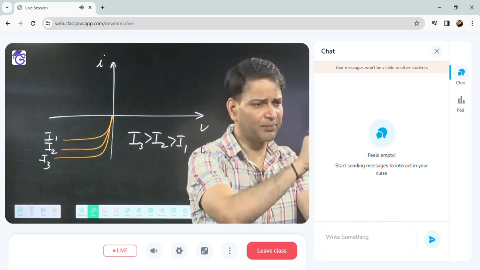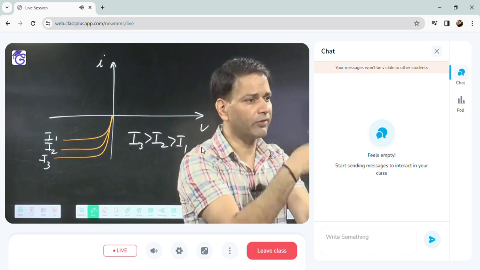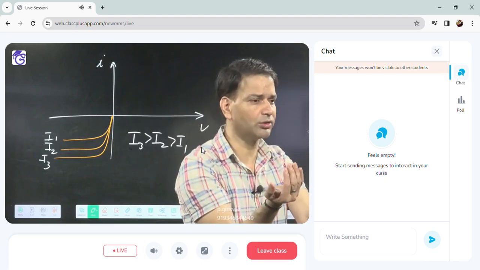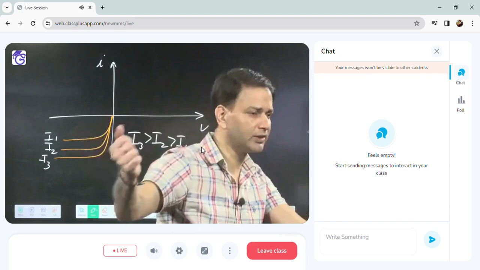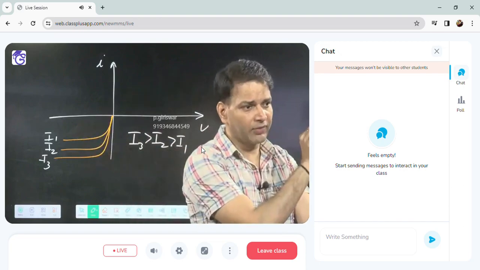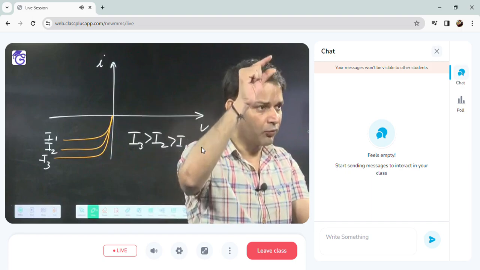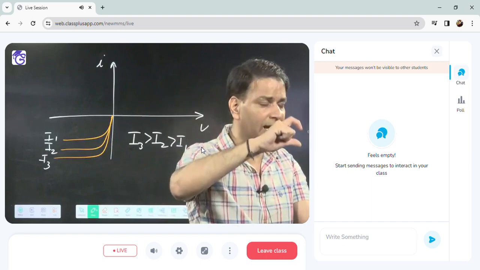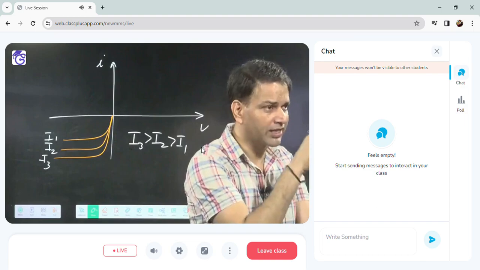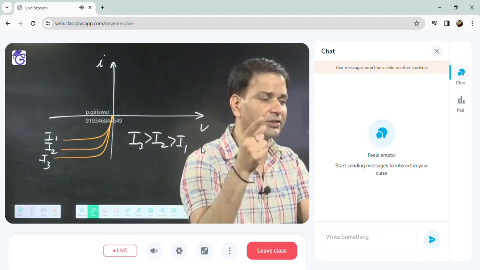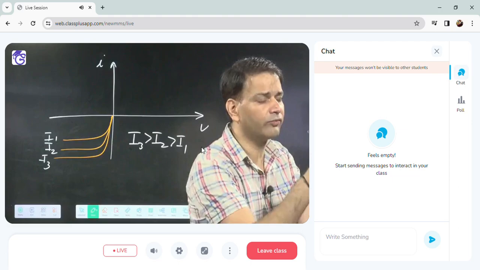Like one example I think I have given, the energy gap of D1 is 4 electron volt, the energy gap of D2 is 3.5 electron volt, and the energy gap of D3 I gave. So I will give the energy gap of all the diodes. Now I will compare. Photon energy greater than energy gap, then only it will absorb. So I will check which energy gap is less than the energy of the photon. Only that diode will detect the signal.